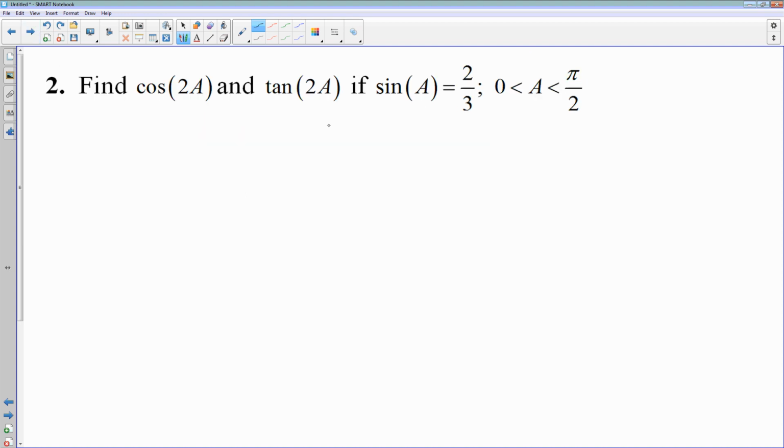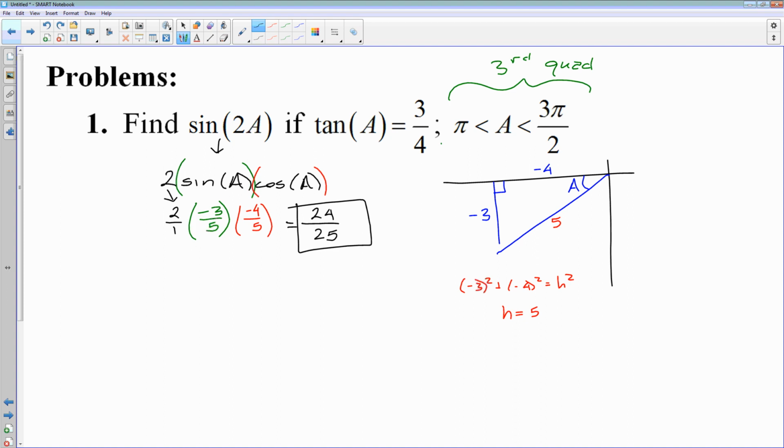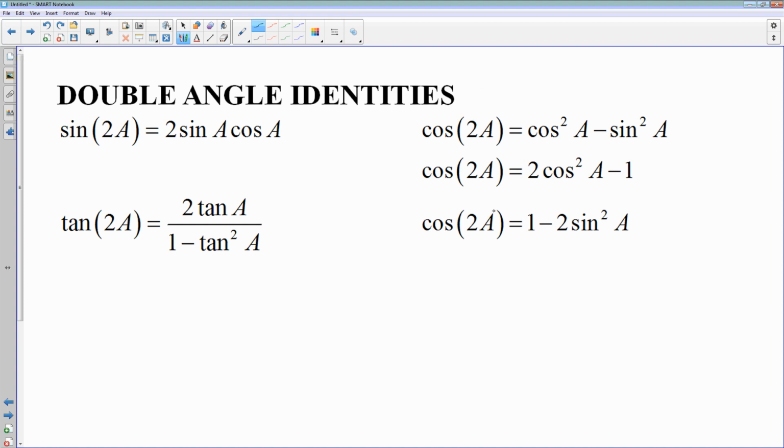Okay, let's try this one. Same type problem, except here I'm asking you for cosine and tangent of 2a. So let's go back to our identities. And cosine is the one that requires 3 different identities. I don't know why, but this one, cosine squared minus sine squared, is always the one I can remember.